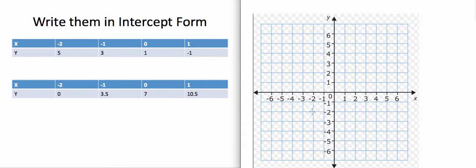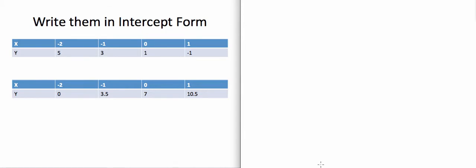We would start at -2, and it'd be at a +5, and then -1 is at 3, and it's going down by 2 each time. You notice how this is still a straight line. This would be that first graph. We'll get to more plotting in slope-intercept form later. That's just a quick little example there.